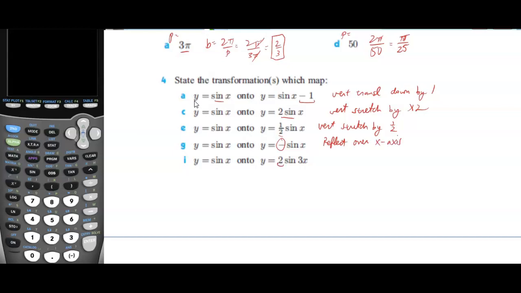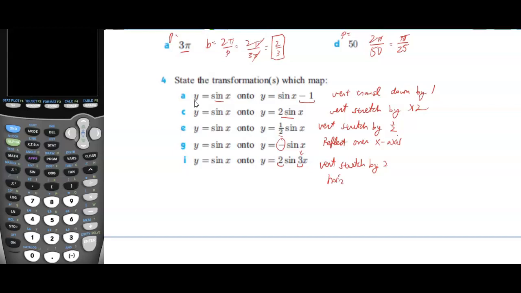Finally, last one. We're going to do two things here. So the 2 on the outside multiplication is a vertical stretch by 2. And the 3 multiplying times the x is a horizontal stretch or compression.